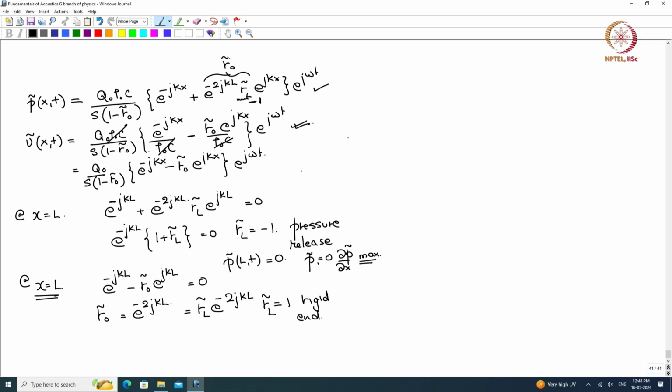So at the pressure release end, where pressure goes to 0, velocity becomes a maximum. Whereas at the rigid end where velocity goes to 0, the pressure becomes the maximum.